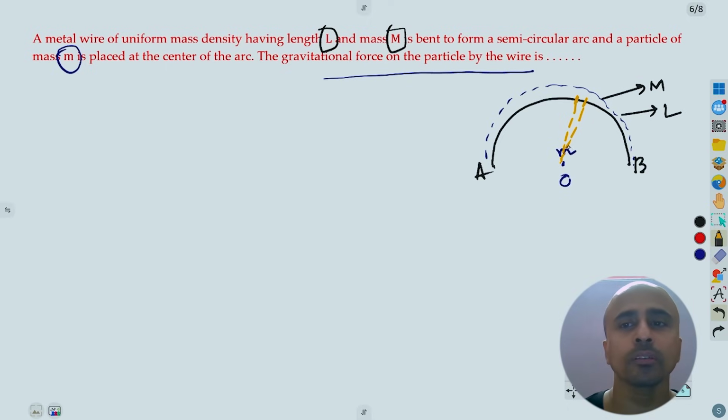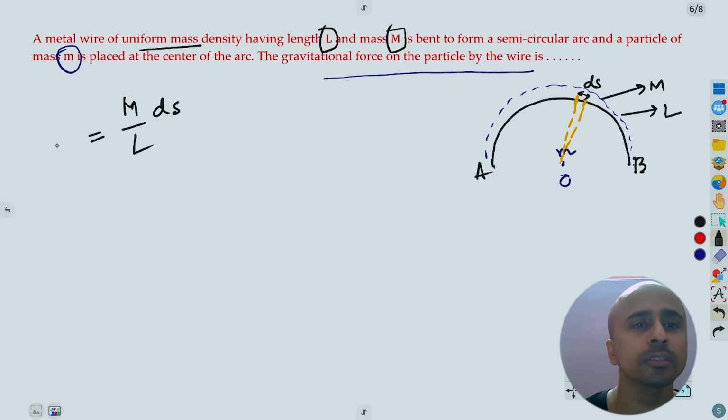Okay. So let's say the length of that small segment, considering this as ds, is ds. So what is the mass of this small segment? Since it is uniform mass density, it is basically m by l, right?